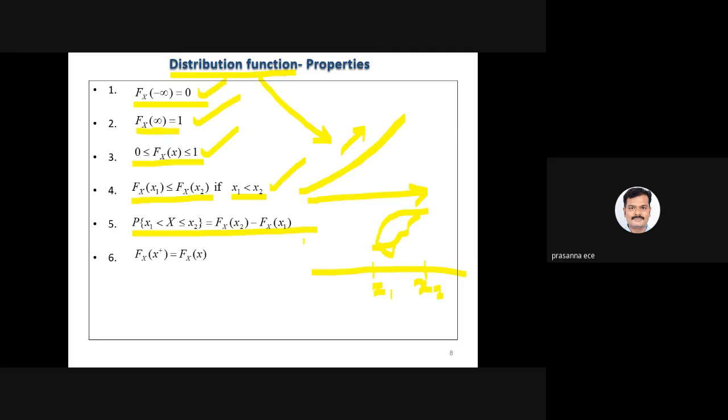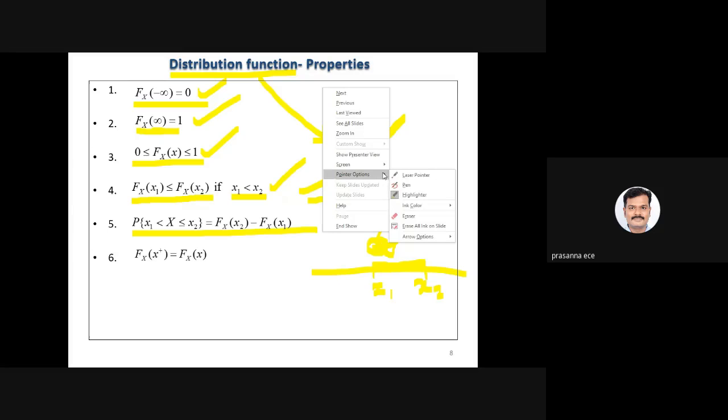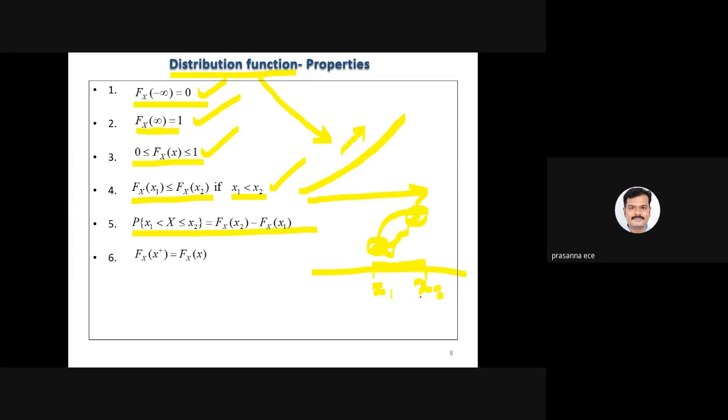But what we are getting is that the probability that our random variable lies within these two limits is nothing but the difference of this probability and this probability. That is given by Fx of x2 minus Fx of x1. So the probability that our random variable lies between x2 and x1 is the difference of these two probabilities.